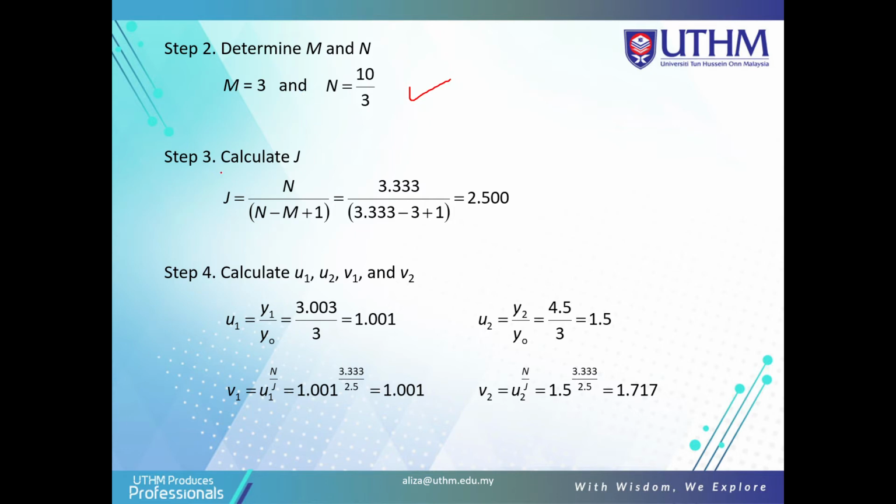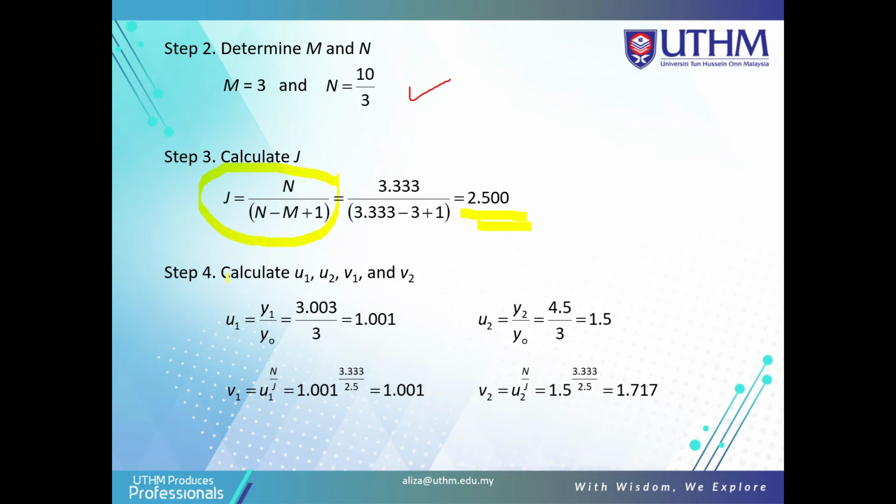Step 3, calculate J. J uses this equation. Put the value of M and N in this J, so we get J is 2.5.